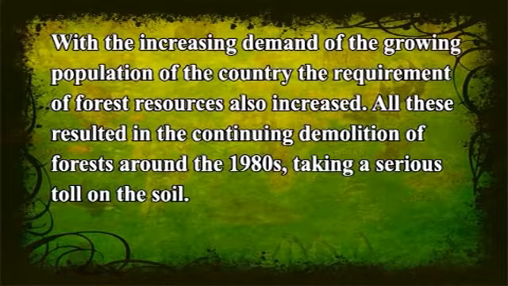With the increasing demand of the growing population, the requirement of forest resources also increased. All these resulted in the continuing demolition of forests around the 1980s, taking a serious toll on the soil.